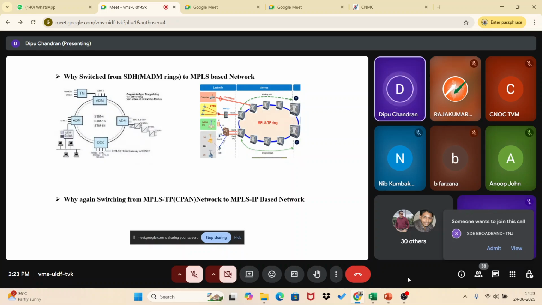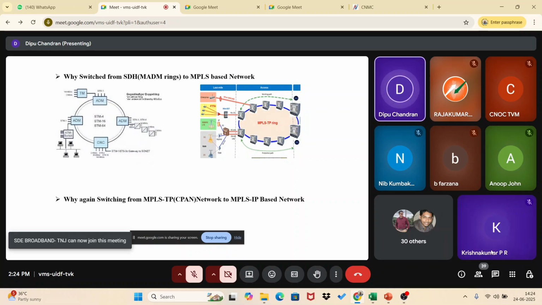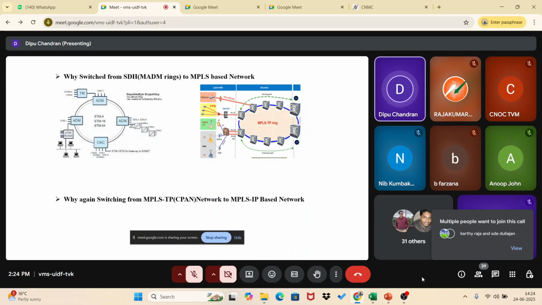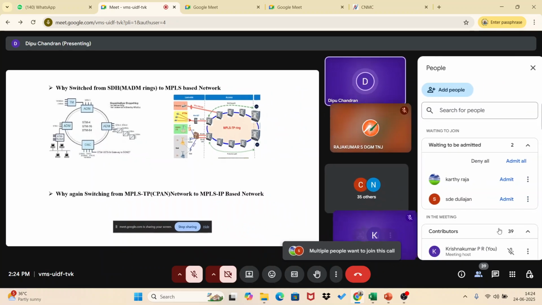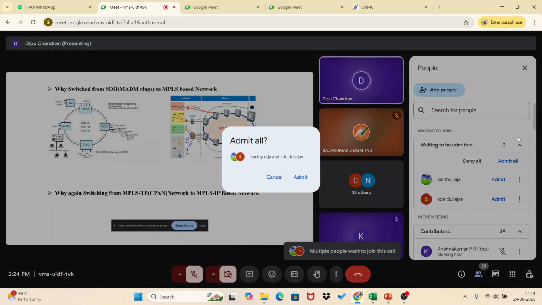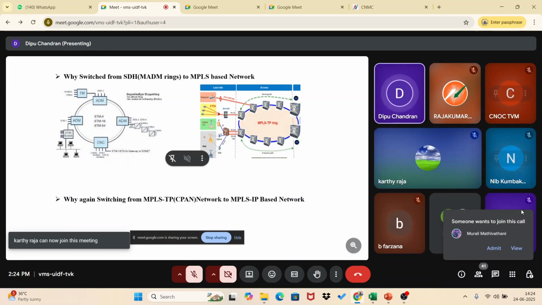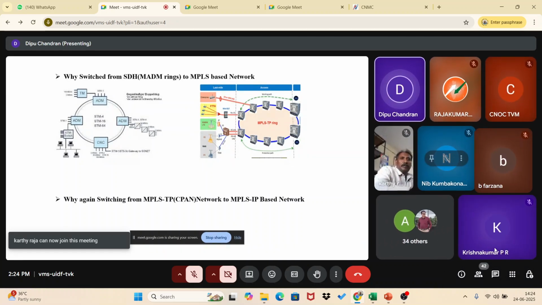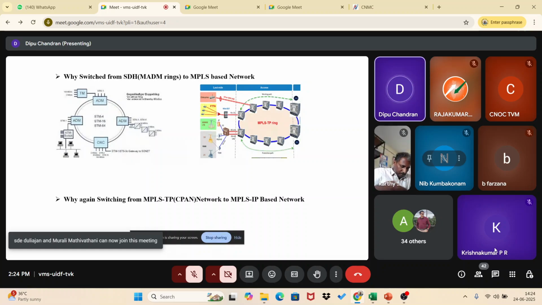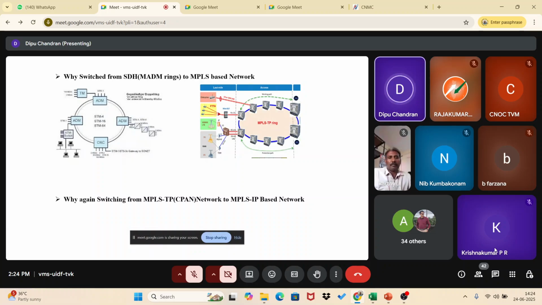The LCO may be using only 100 Mbps, so only that bandwidth will be there in the fiber. But in the MADM network, even if the customer was using 10 Mbps, if we configured 1G, or 7 STM1, we did VCG and generic framing protocol, and then made it Ethernet. These things will always be there.